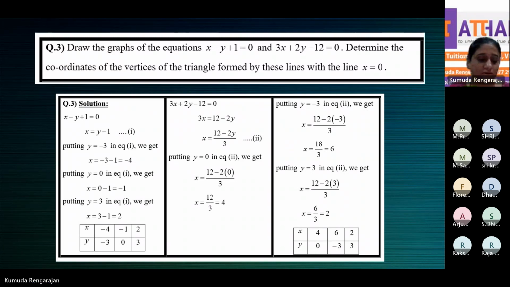Okay. Good, Arjun. Danya. Danya, you're supposed to find the triangle bounded by the two lines and the y-axis, x equals 0. Y-axis. You have shaded the other one.